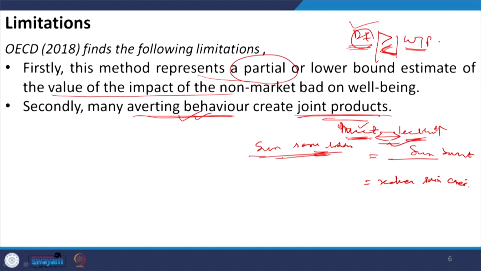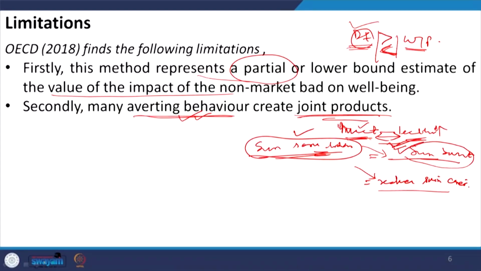Don't you think that applying this averting behavior, and then doing this averting expenditure, is producing two products. One is you can save your skin from sunburn in the short run, and in the long run you can reduce the skin cancer. And most of these averting behaviors are creating this kind of joint products.